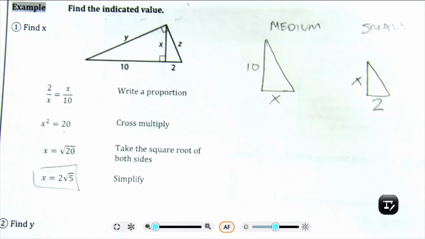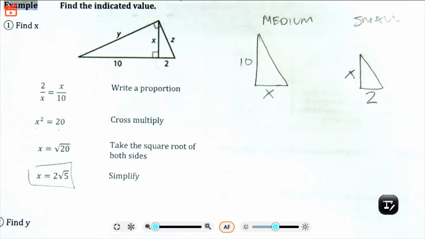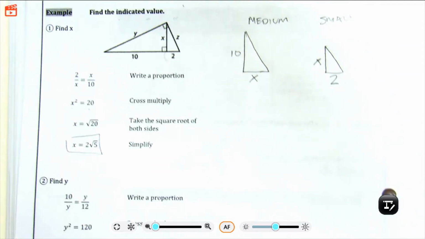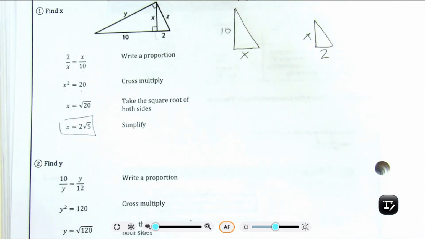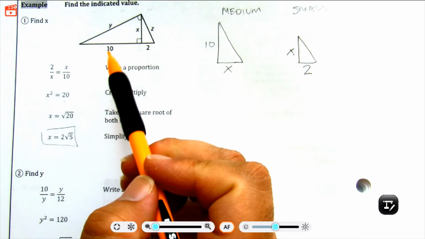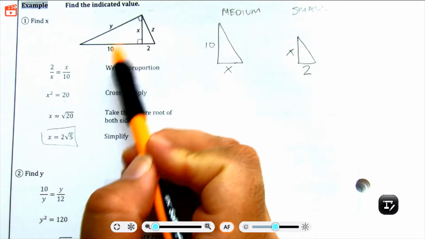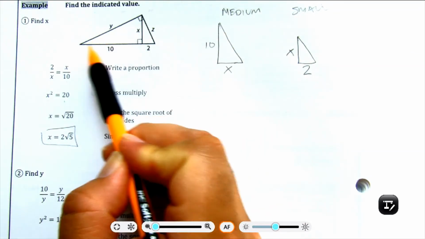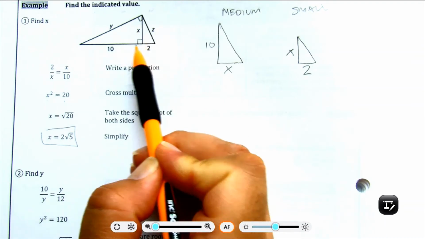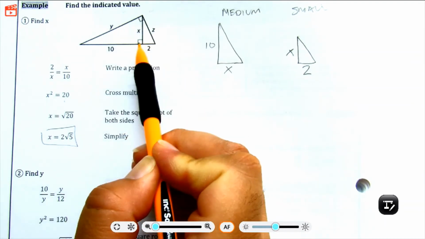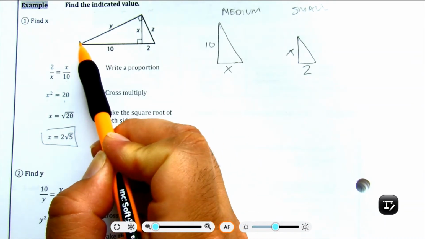Next, using the same figure, we're going to solve for y. So let's look to see where y is located. So y is the hypotenuse of the medium triangle, if you see that here. And y is also the long leg of the large triangle.